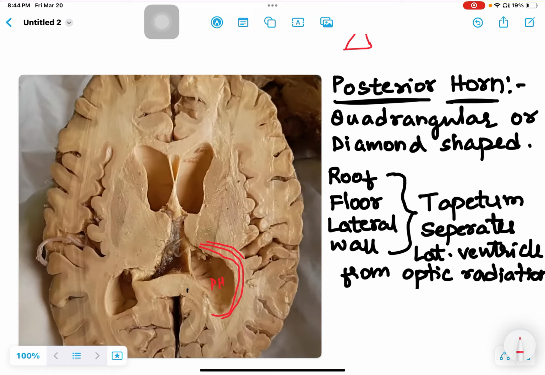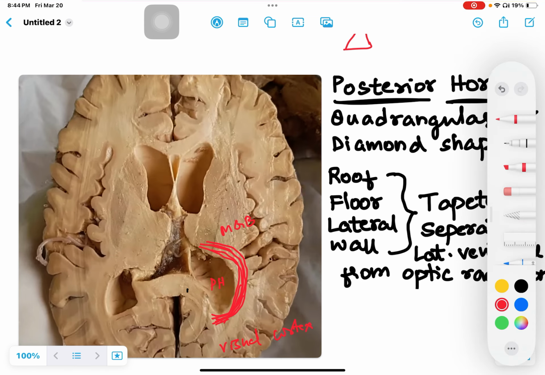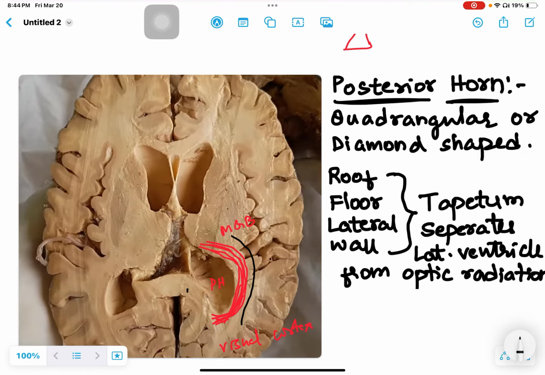These fibers are the white fibers which separate the optic radiation. Lateral to that you will see the fibers from the medial geniculate body to the visual cortex. So these fibers separate the optic radiations from the lateral ventricle.